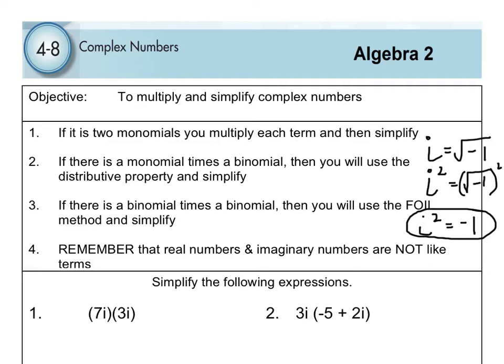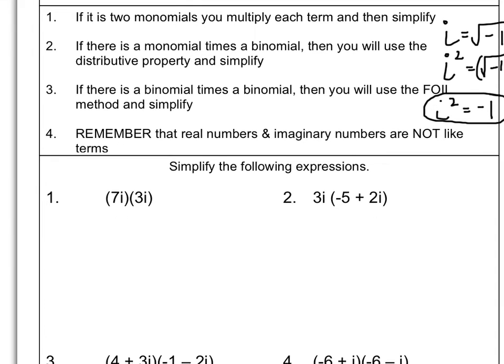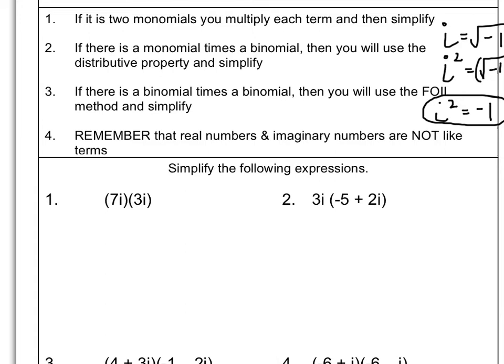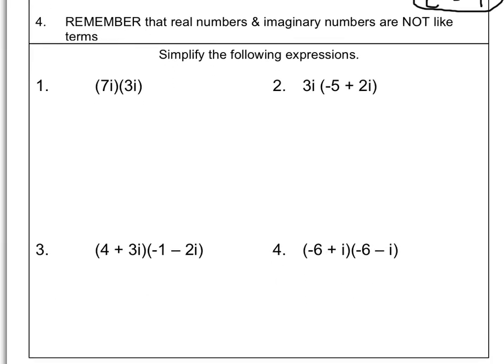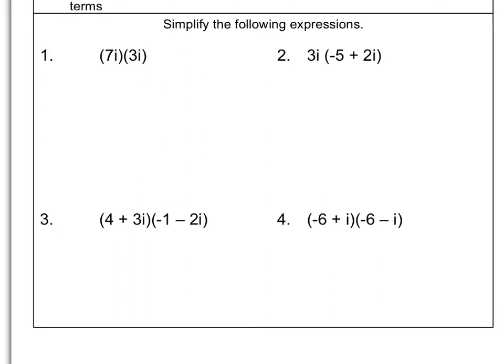Okay, so let's take a look at these examples now. Monomials are one-term items, binomials are two-term items. So if I have a monomial times a monomial, I'm just going to multiply. A monomial, one term, times two terms, I'm going to distribute. And if I have a binomial times a binomial, I'm going to use the FOIL method. As you look at example number one, simplify the following expressions. I see two one-term items.